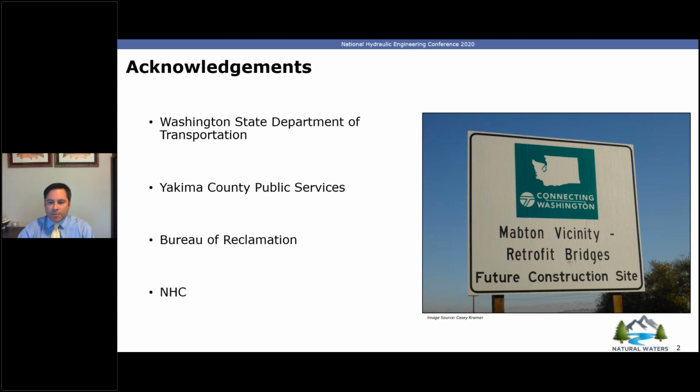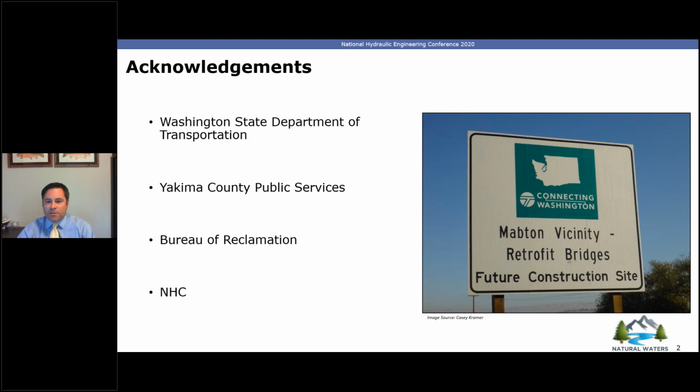Also, Yakima County Public Services was a huge part in the success of this project. They are the floodplain administrator and ultimately approved this method for meeting a FEMA no-rise. Without their support and forward-thinking initiative, this wouldn't have been possible.